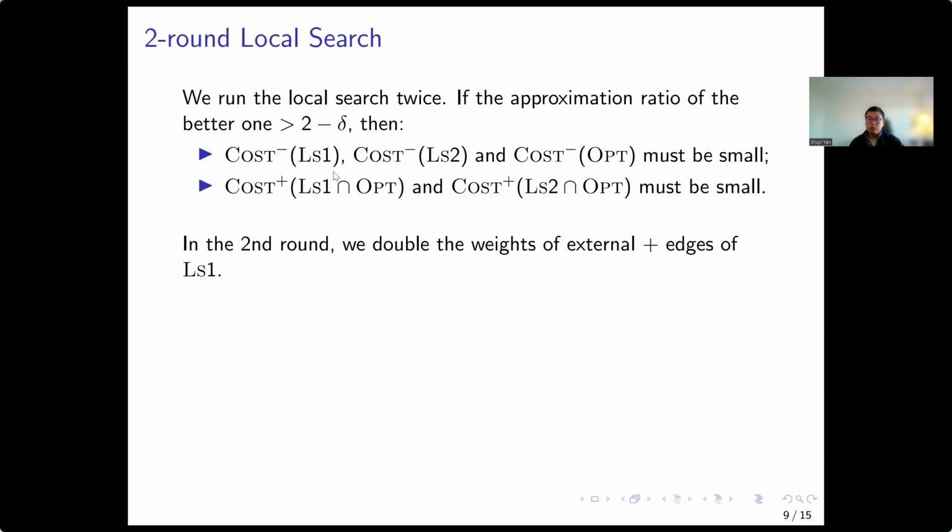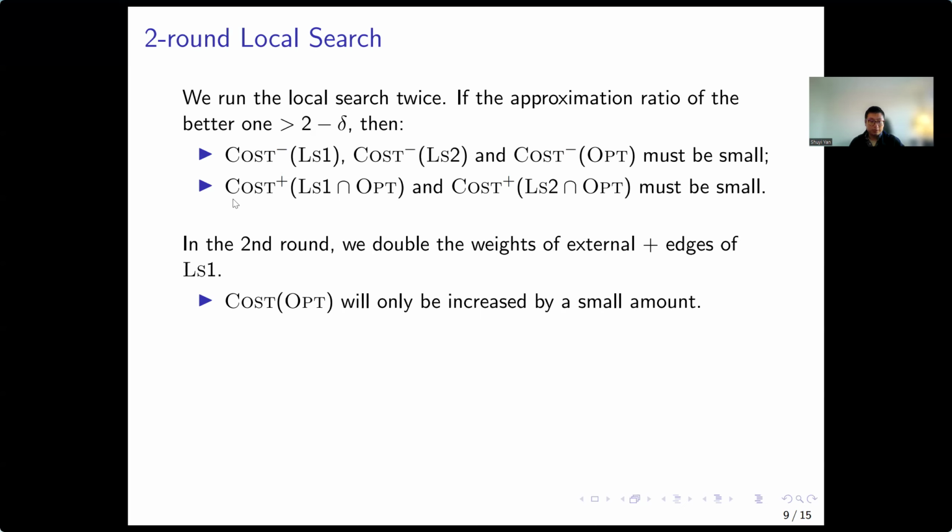Well, in the second round of the local search, we run a local search on a slightly different graph. So we double the weight of the external plus edges of LS1, that is, the plus edges paid by LS1. So if we compare the cost of the optimal solution from the old graph to the new graph, the cost of the optimal solution will only be increased by a small amount.